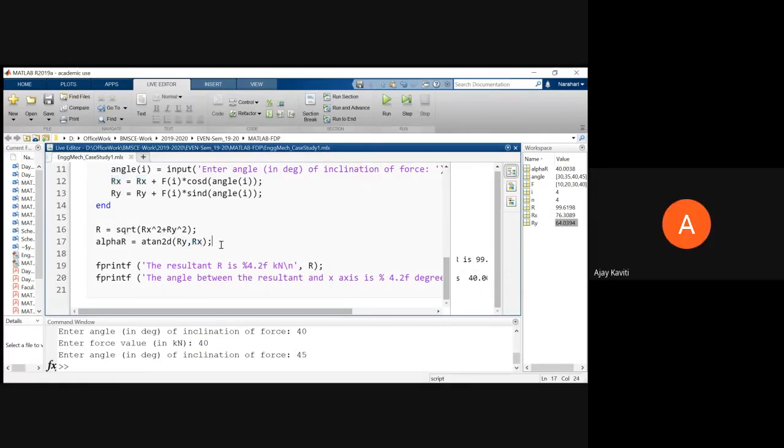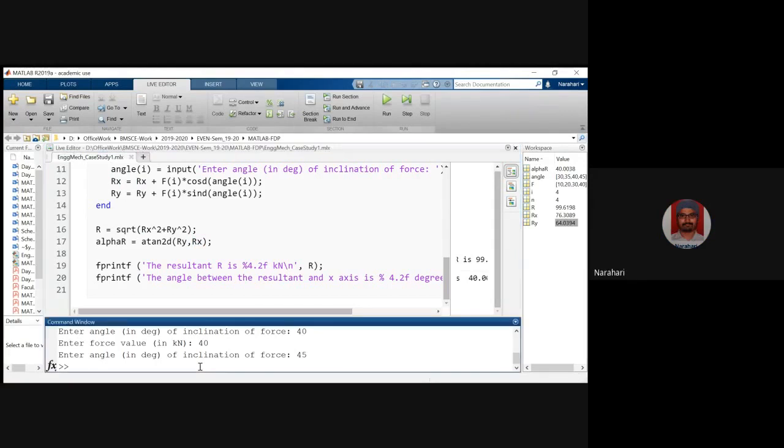Okay, let me show you here. See, 5 comma minus 3. atan2d, where d is nothing but degrees. Too many input arguments. Wait a second.